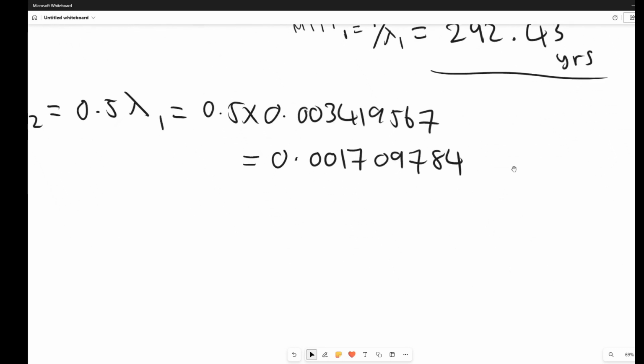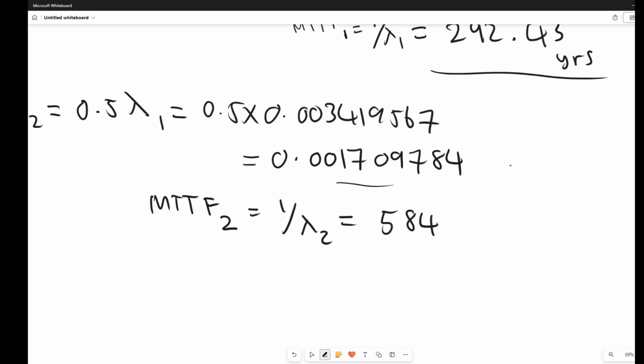And then again, same thing, mean time to failure. Now this is the second one, just 1 over lambda 2, so 1 over all this, we get 584.87 years.